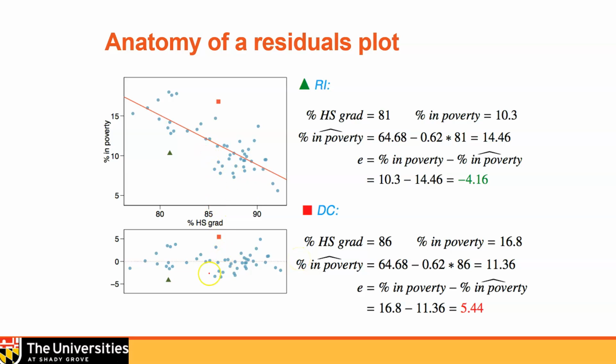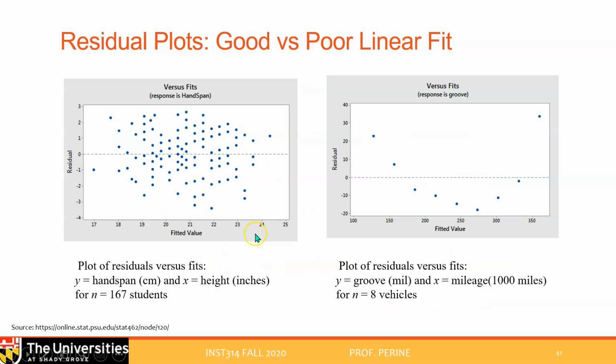And here, reading it once again, when my high school level is 86, this should be 86. I've got, for DC, some other values that are around that too, but this represents the residual for DC, which is kind of high.